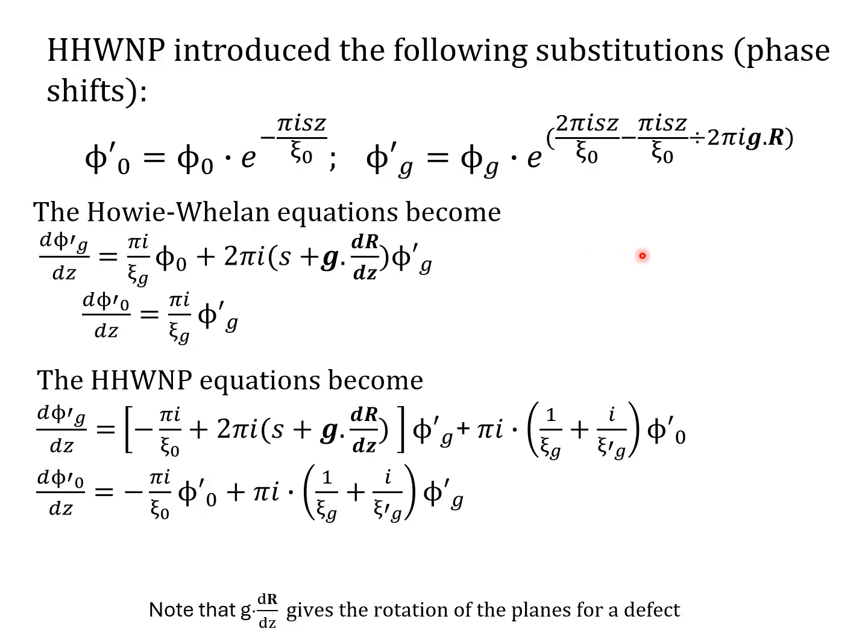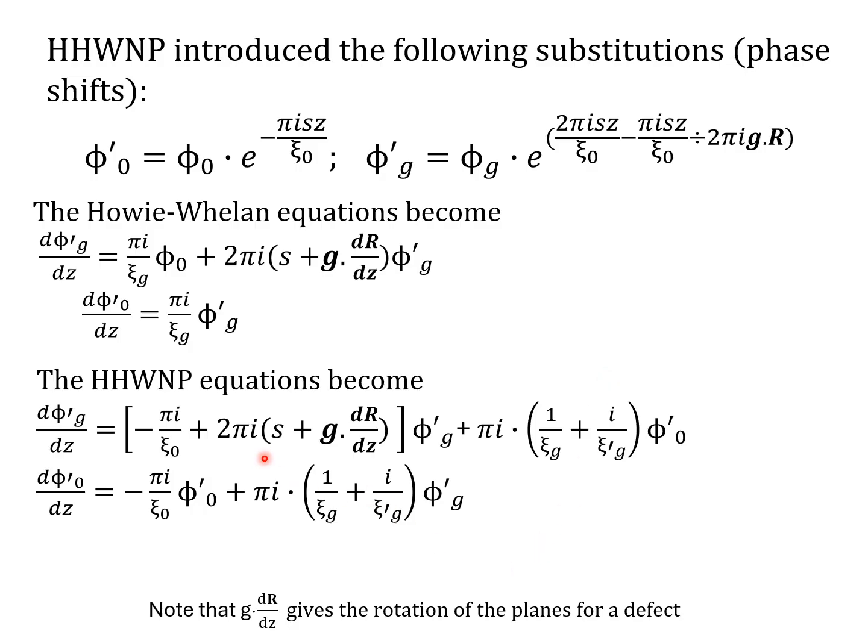In order to solve the equation, what they did is they made some substitutions, some phase shifts to simplify the solution, and they ended up by simplifying these equations into this form in terms of the Howie-Whelan equations, but the Hirsch, Howie, Whelan, Nicholson, and Pashley equation becomes a simpler form like this.